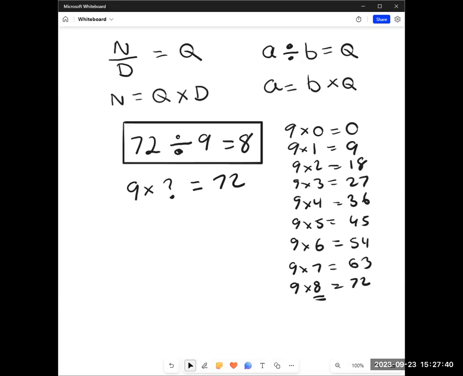You may have known that sooner. That's good if you knew your multiples of 9 and knew that that was 9 times 8. So you can do this problem faster, but it's really important that you know your times tables like this to be able to work these division problems. I'll just finish out my multiples of 9 table there because we might need that in a little bit.